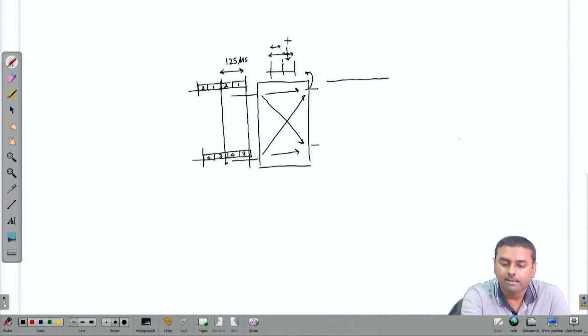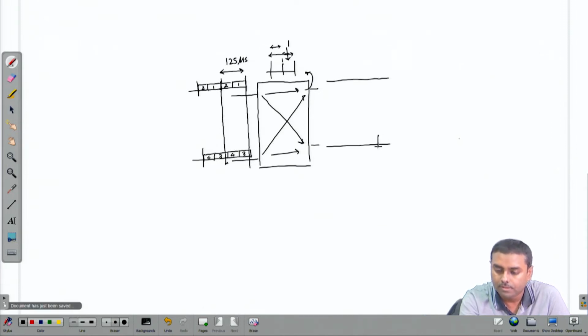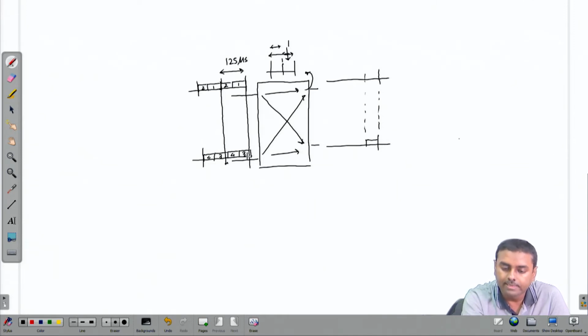Now, at the first slot the switch is in cross state, therefore one's data will come over here. For the exact same duration, this data will get transferred over here, but the problem is that they are not synchronized.